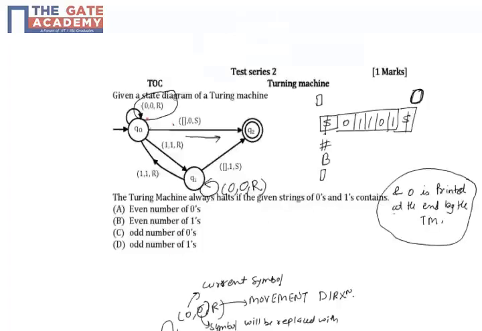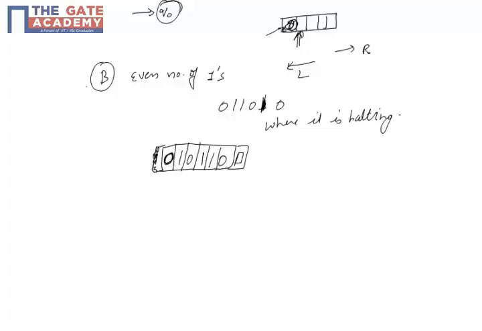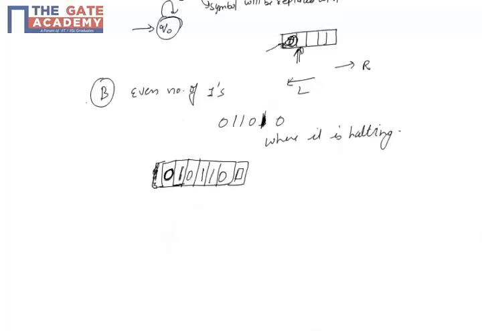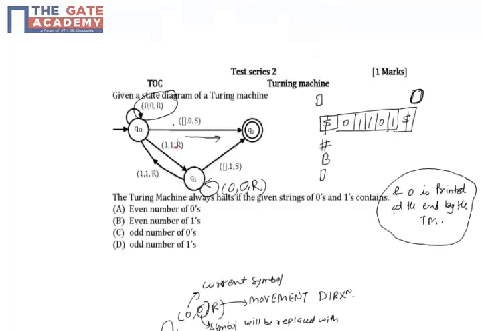Now see, from 0 it will remain on Q0. Here I have 0, it will replace it with 0 itself and move to the right. Now it got 1. On 1 you replace it with 1 and move to the right and come to state Q1. Again 0 is replaced with 0 and move to the right.